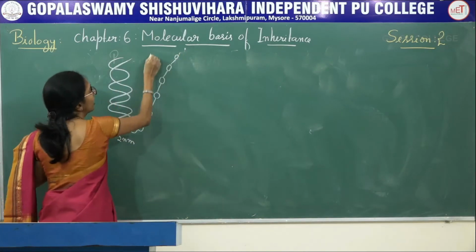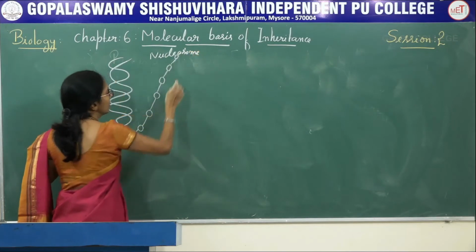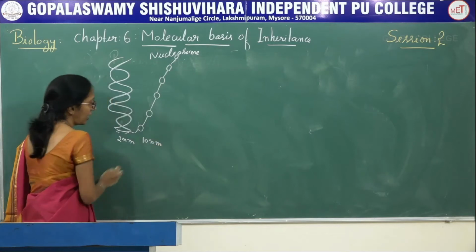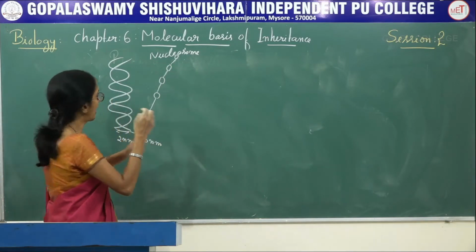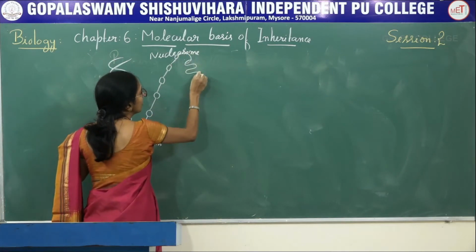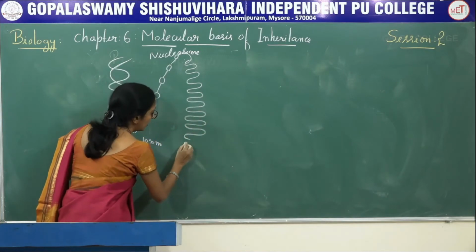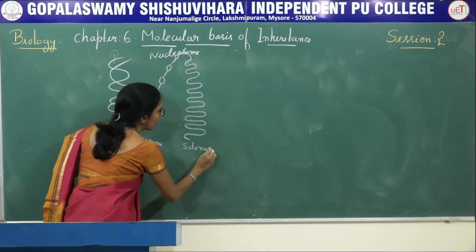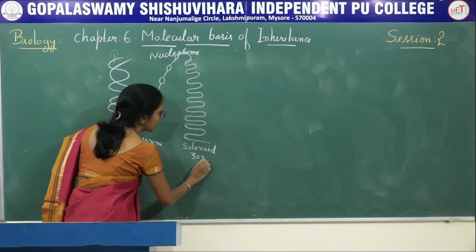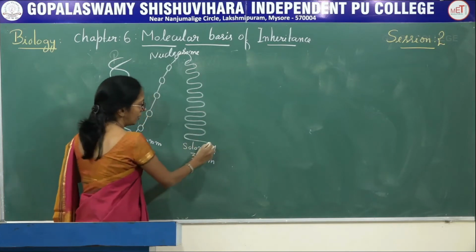This is said to be nucleosome, so that the width increases to 10 nanometer because of coiling and wrapping. Again it starts coiling like this. This is said to be solenoid structure. Again the width increases from 10 nanometer to 30 nanometer.